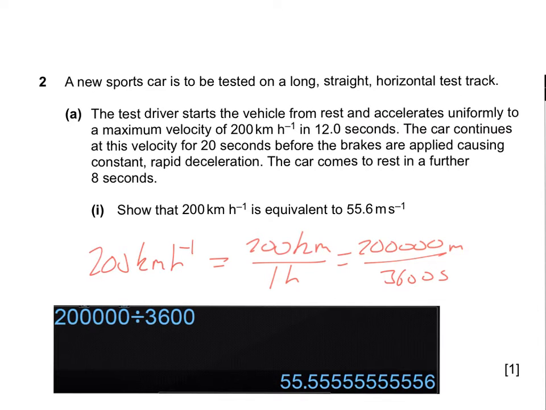So we've got 0, 12, add 20 to get 32, and then 32 plus 8 takes us up to 40 seconds. So we need to mark those times out on the graph, and we need 56 on the vertical scale. So we go from 0 up to 56, travel at that for a while, back down to 0.